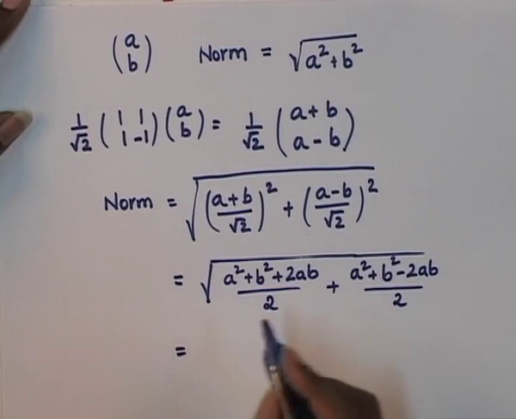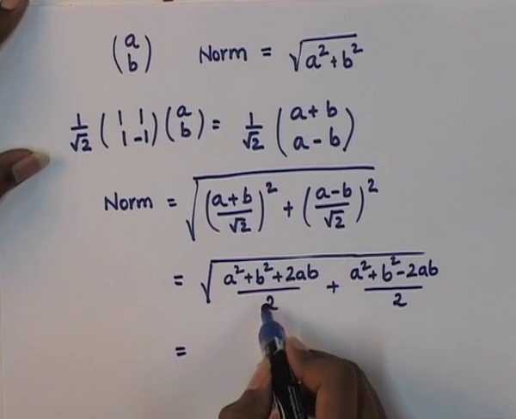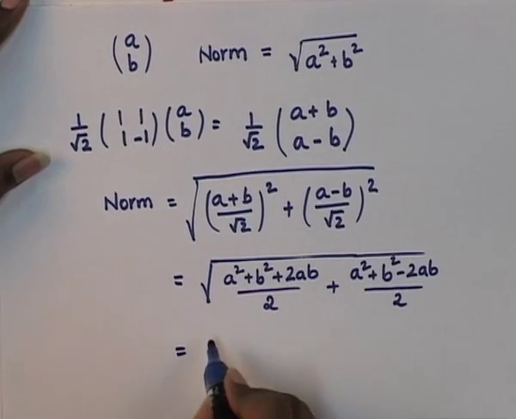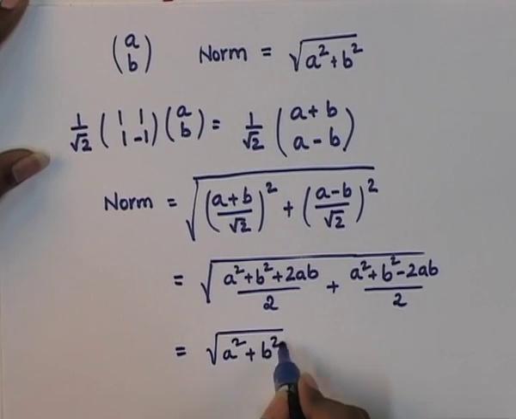The 2AB terms get cancelled, and A square plus B square by 2 is multiplied with 2, and we finally obtain A square plus B square.